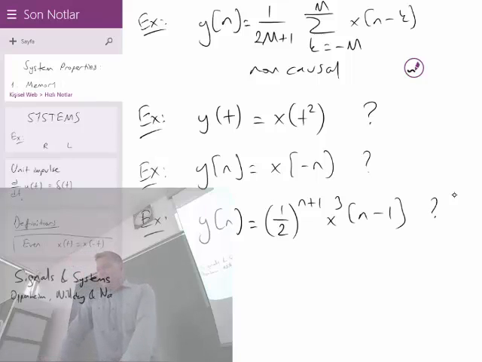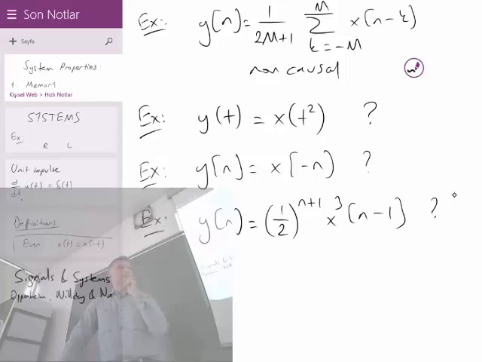This last example depends on a future value of n. There is an n plus 1 term. But you have to ask yourselves this question: does the output depend on a future value of the input? It's not n. n is not important. n is just a number. It is x of n that shouldn't be from the future. So does it depend on future input?